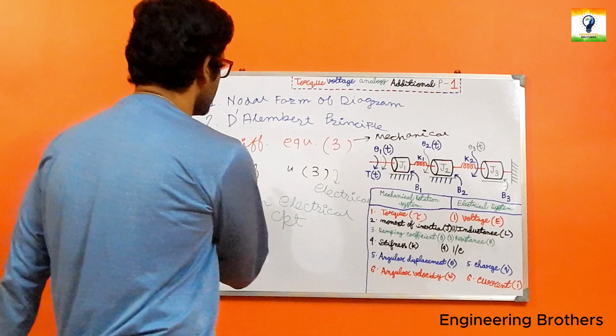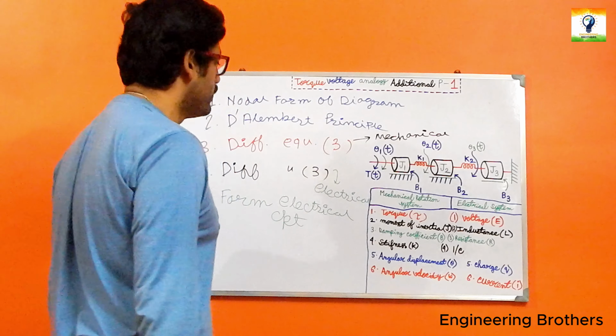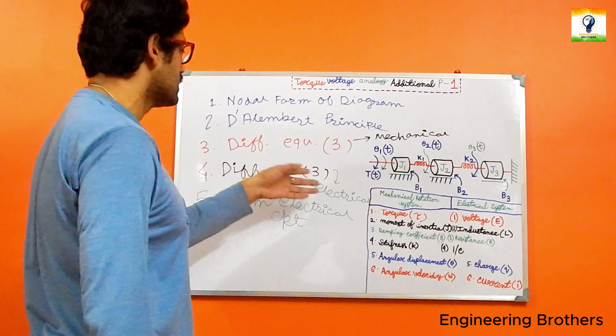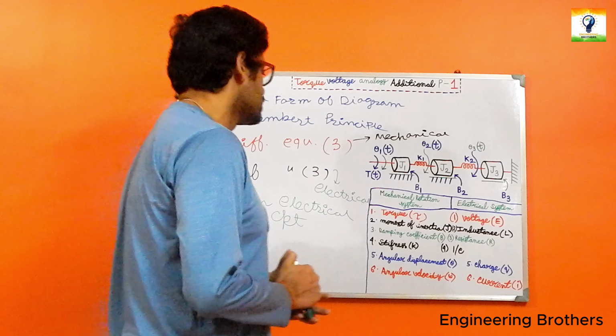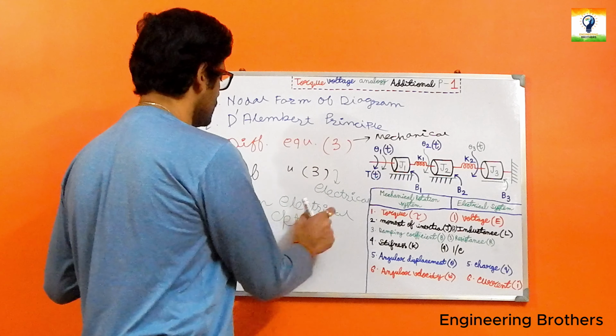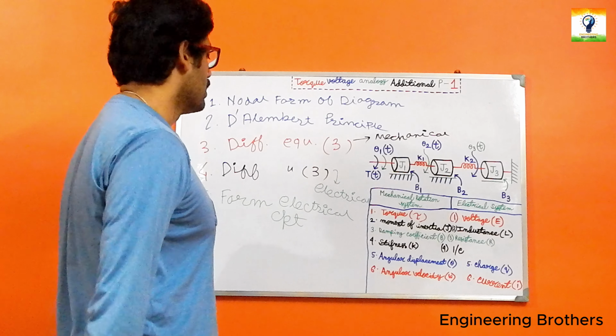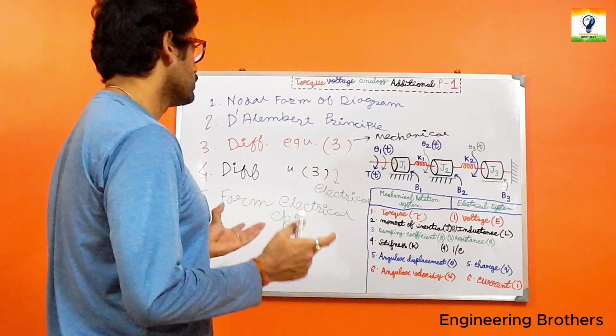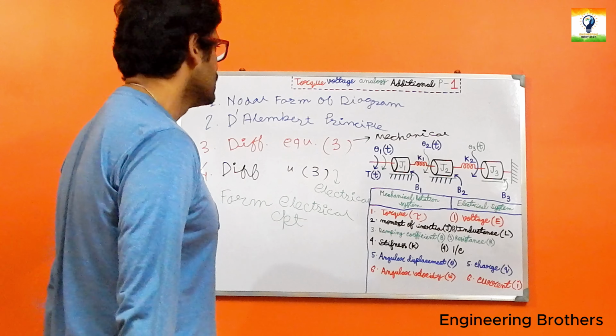At the fourth stage we have the electrical differential equations, and at the last stage, by looking at those electrical differential equations, we need to form the final electrical circuit diagram. That will be the final destination point, and that is the exact solution for our torque voltage analogy problem.